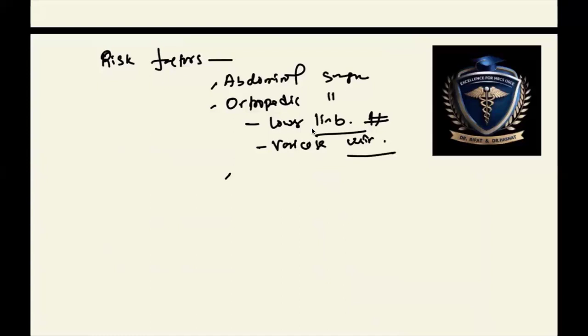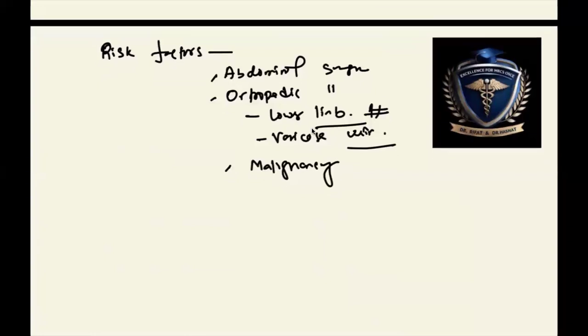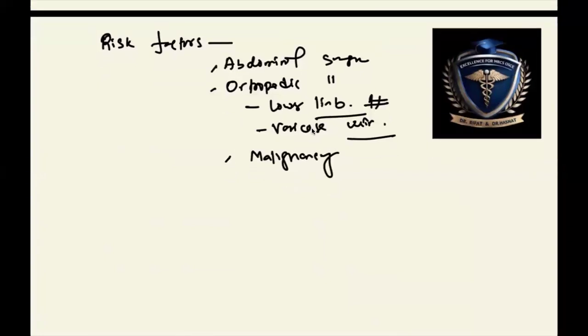And especially in both of the two stems, the patient has malignancy. So malignancy is another risk factor. So these are the risk factors where pulmonary embolism commonly occurs.